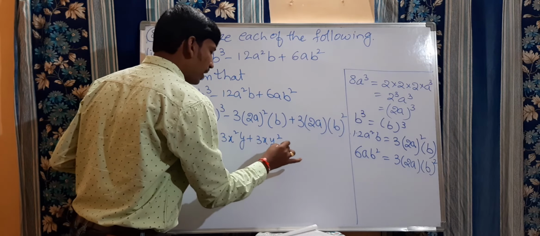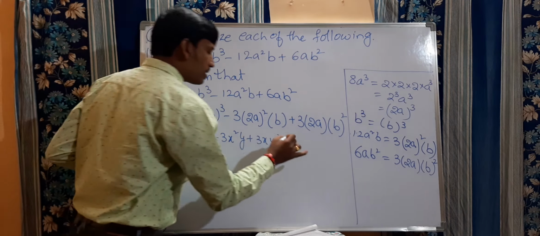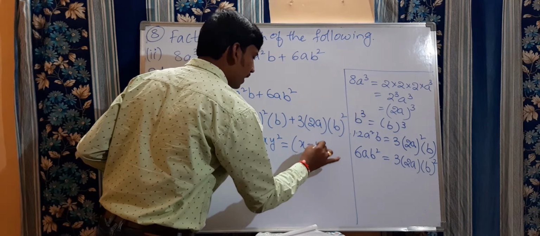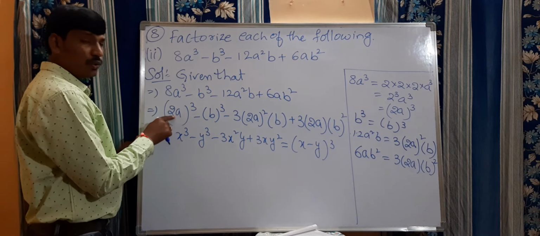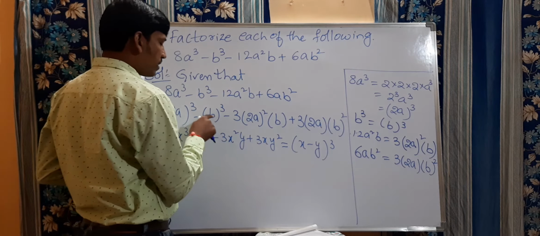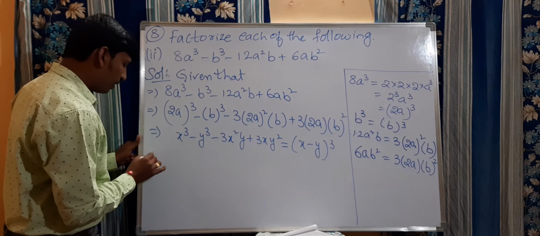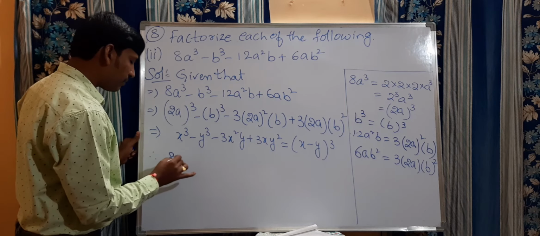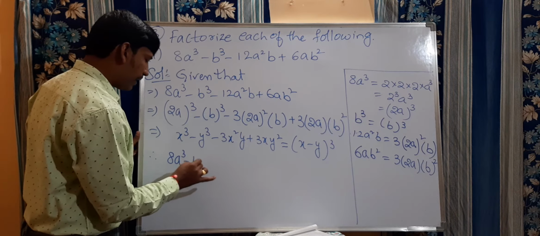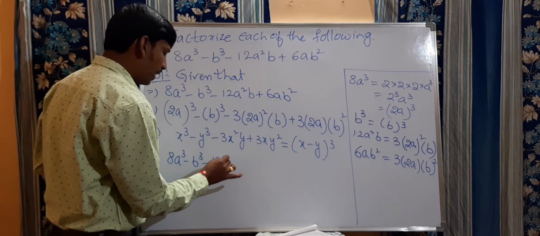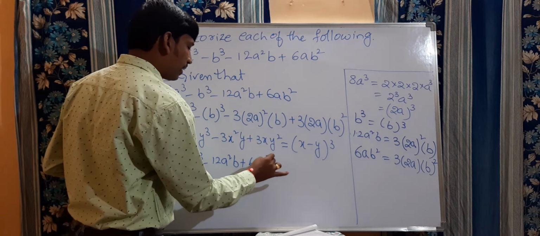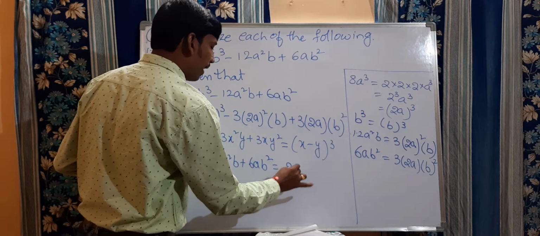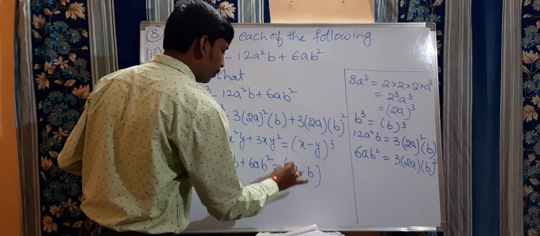Which identity is this equal to? That is x minus y whole cube. So what is x here? x is nothing but 2a, and y is equal to b. So therefore the given expansion 8a cube minus b cube minus 12a square b plus 6ab square can be written as 2a minus b whole cube.